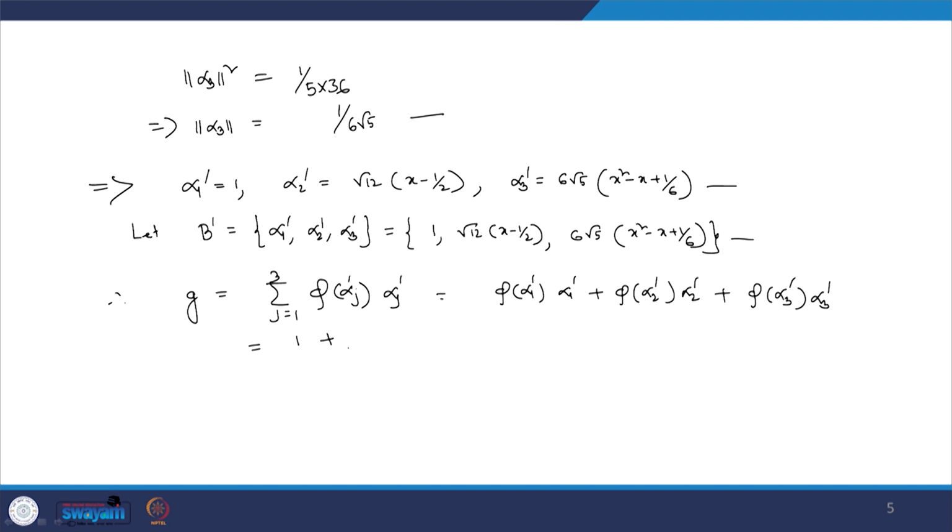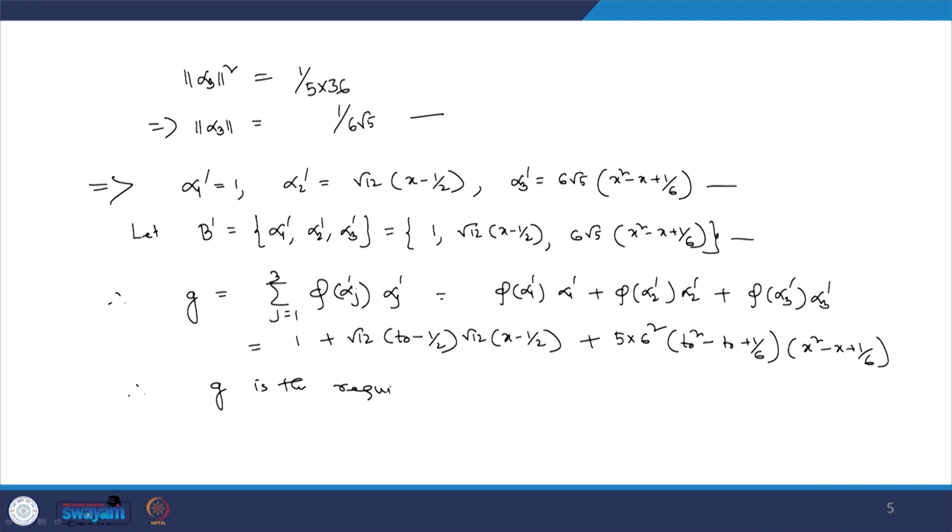So, at the value t naught, it will be root 12 into t naught minus 1 by 2, and that function alpha 2 prime is again root 12 into x minus 1 by 2, plus, in exactly the same way, root 5 into 6, into t naught square minus t naught plus 1 by 6, into x square minus x plus 1 by 6.